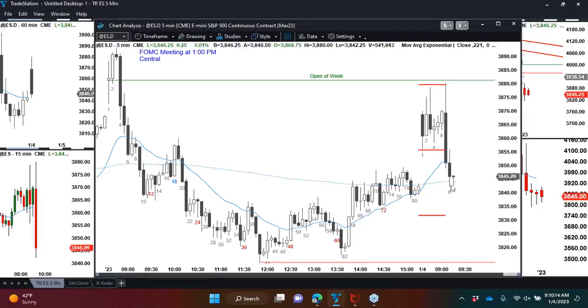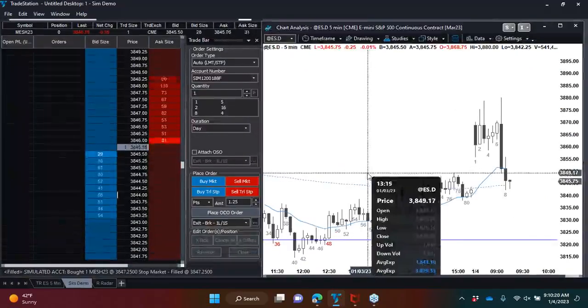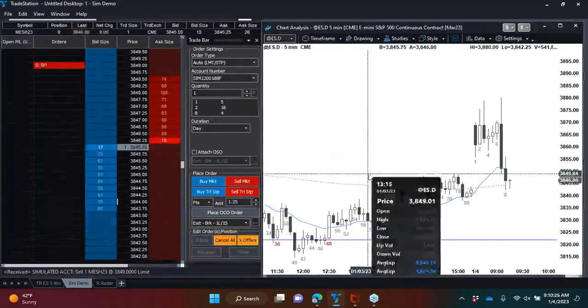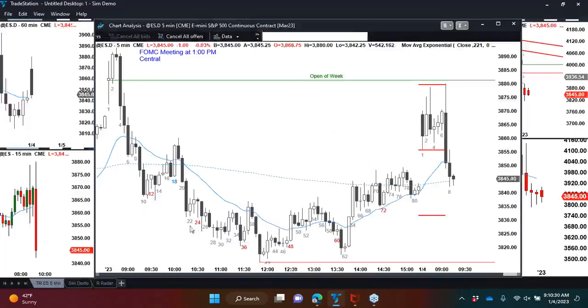The reason I want to sell the pullback is I think we're going up to here. So for me, I'll just sell 49 even, let's just say. I'll do 48.50. The key with trading is to realize you can always enter later.